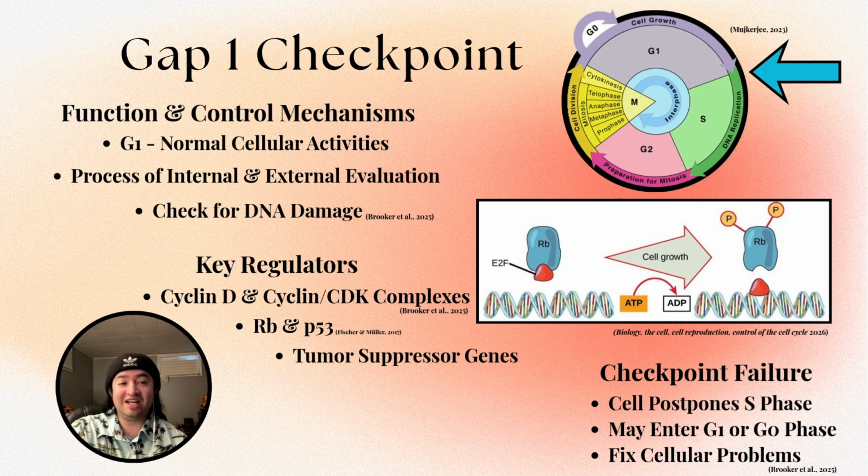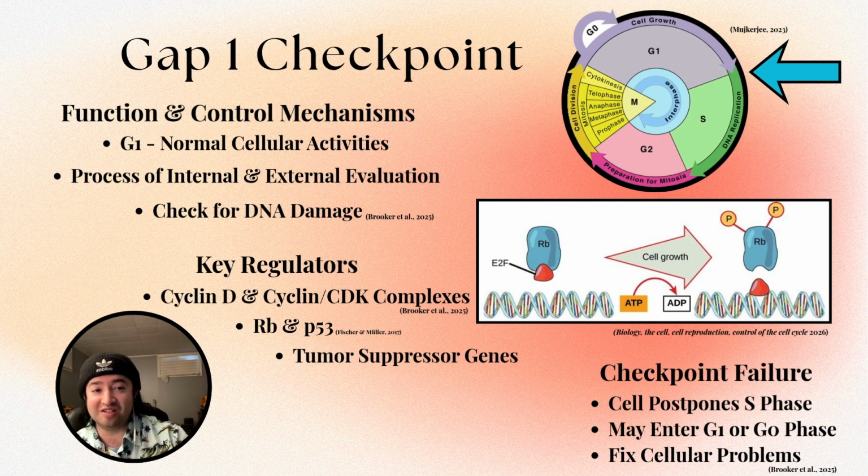By phosphorylating this RB, the RB releases a transcription factor bound to it, and the transcription factor allows proteins to turn on and genes to be made, allowing for further DNA replication and allowing the cell cycle to advance. This process is depicted in the picture on the bottom right. You can see RB being phosphorylated and then releasing that transcription factor onto the DNA.